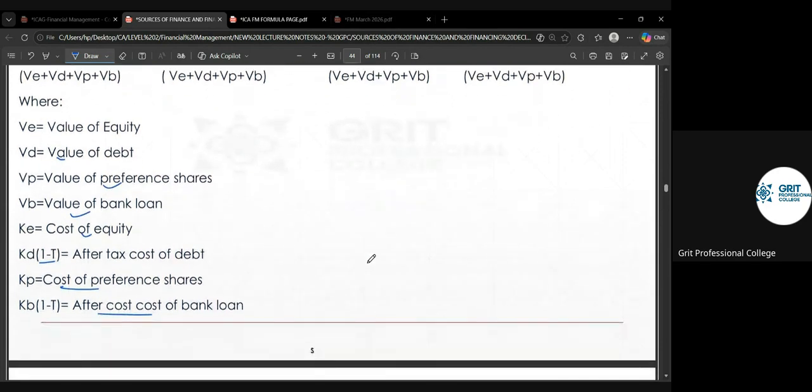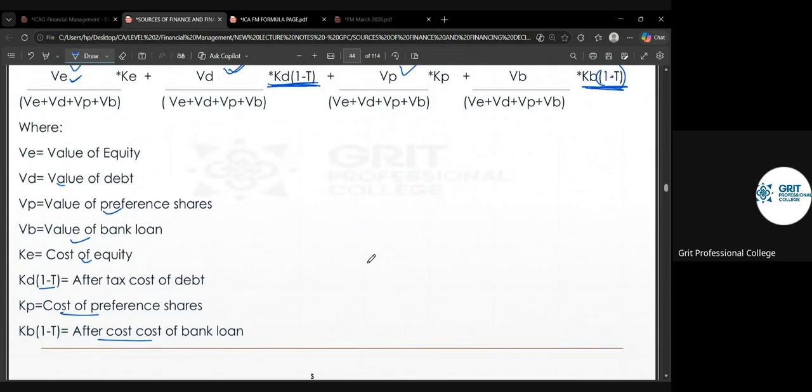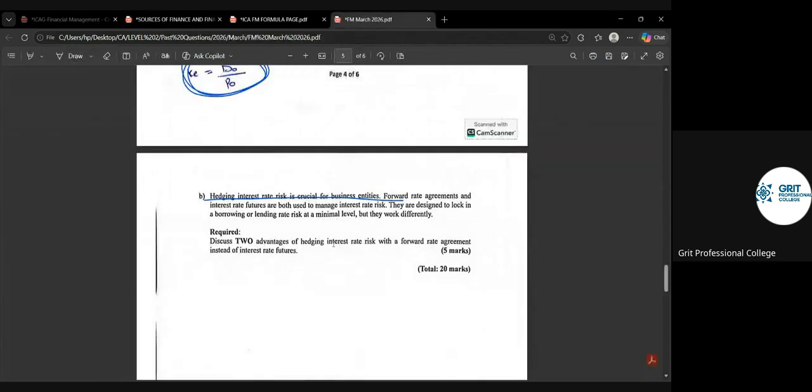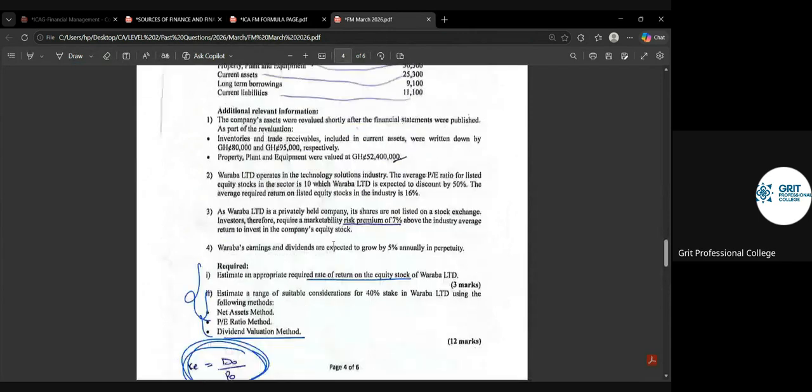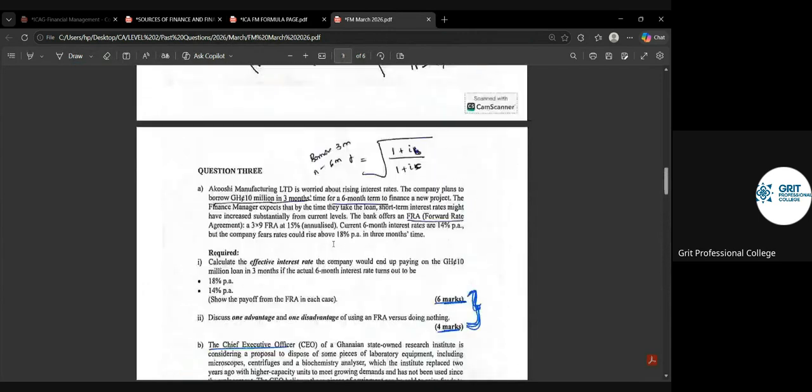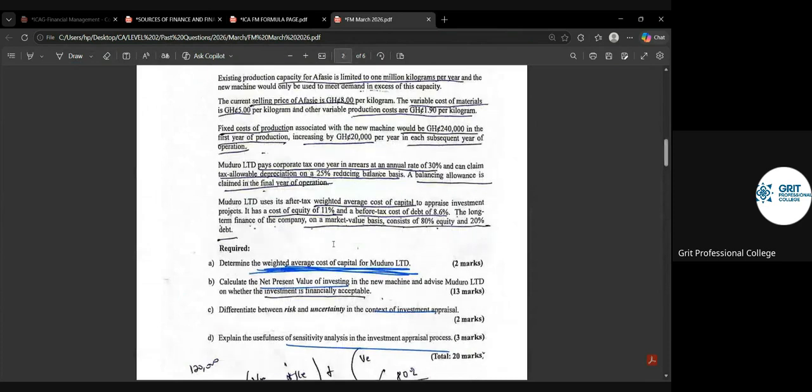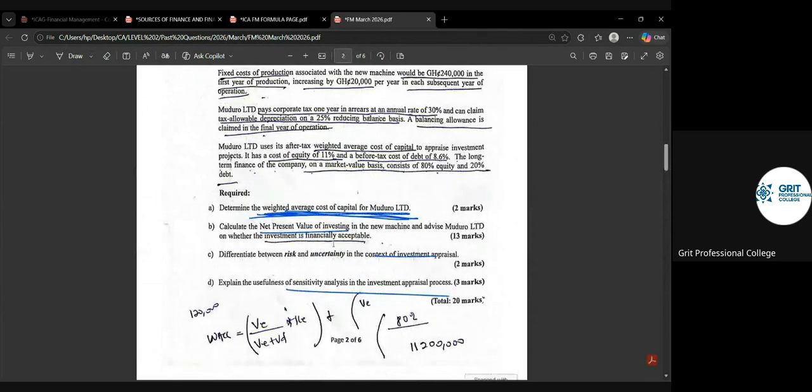Very straightforward. Like I said, in your paper last night, one of the questions required you to calculate the weighted average cost of capital. I think that would be question 2. You see the person here trying to do the WACC formula.